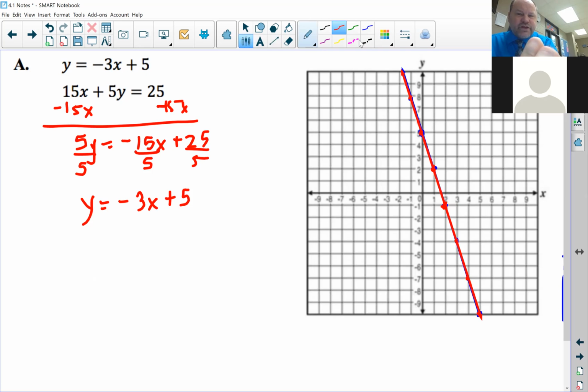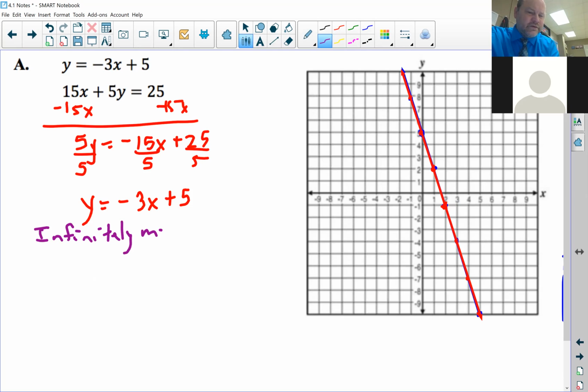That's a special case when we get the system with the exact same two lines. Our solution is infinitely many solutions.